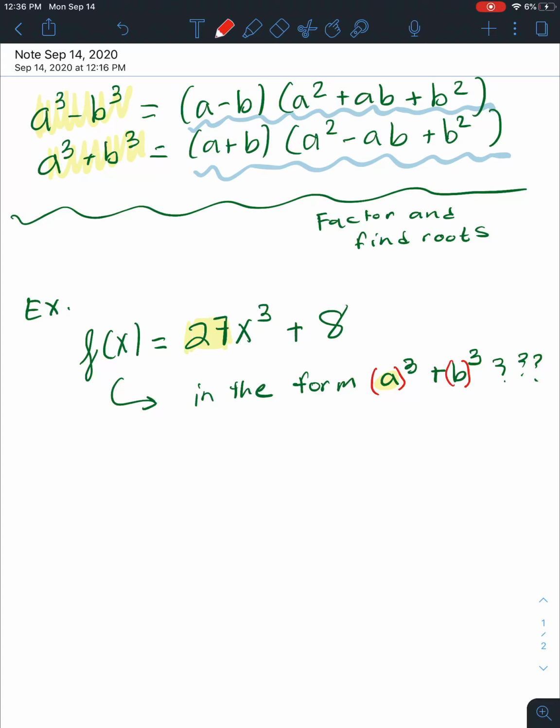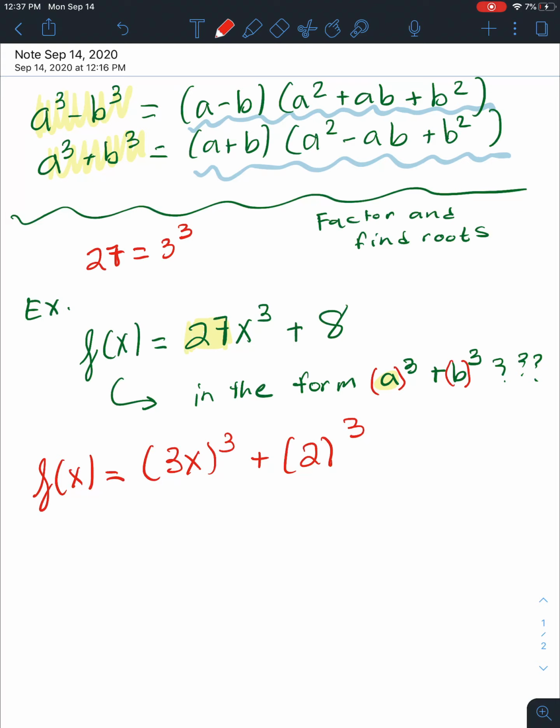So what you need to think about here is, what three same terms multiply to give me 27x to the third power? I hope you notice that 27 is the same thing as 3 to the power of 3. So I could technically write this as 3x cubed plus, and then what same three numbers multiplied to 8? That would be 2.